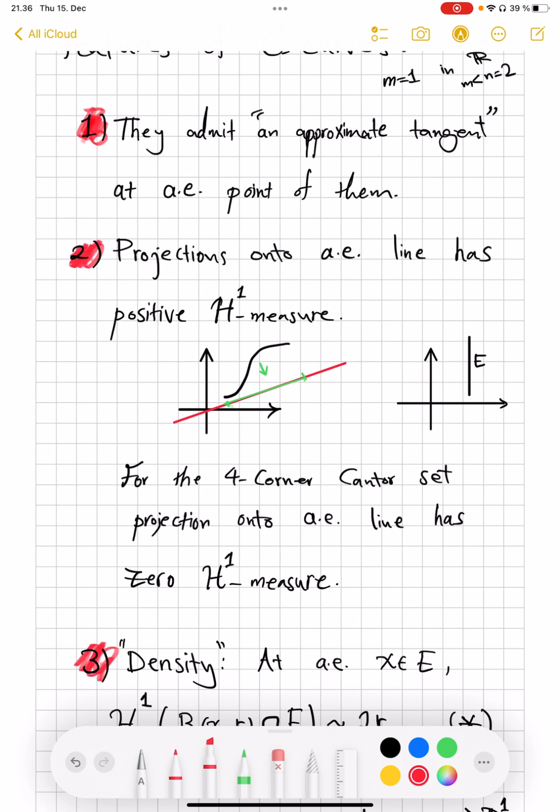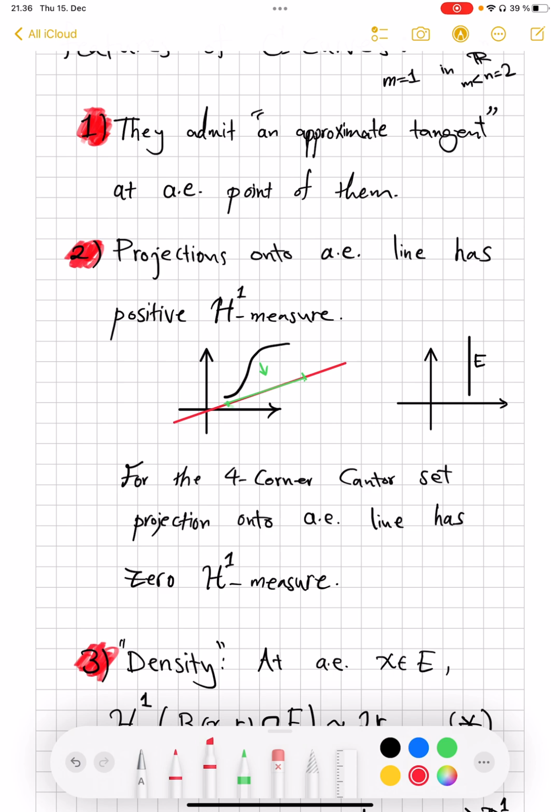So we said that if you start with a rectifiable set, it has the properties 1, 2, and 3. But then, if you start with an almost arbitrary set and you show that 1 is true, from that you deduce that it is in fact rectifiable. Which means then that the other properties 2 and 3 also hold.